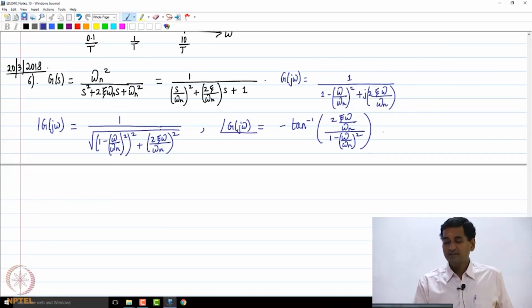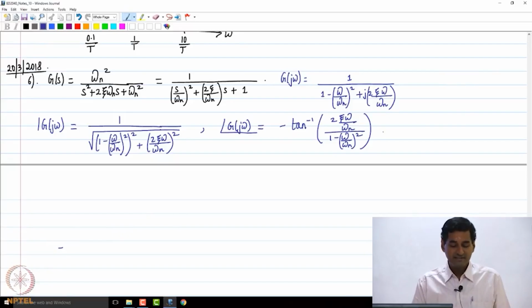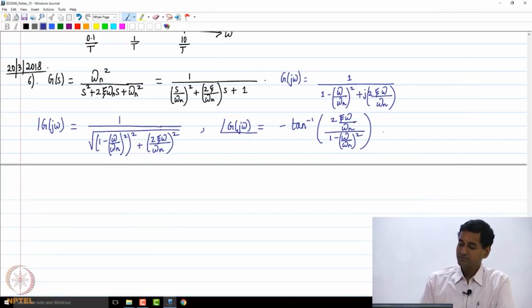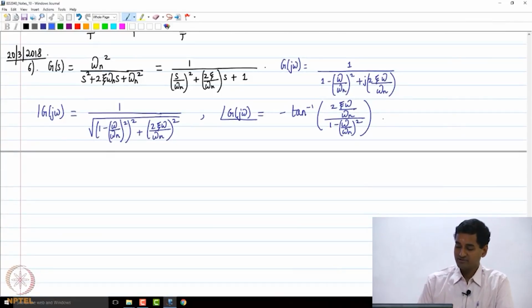Now let us look at the magnitude. We will once again follow the same process as we did in the previous class with the first order factor. Let us look at the magnitude of this factor and try to figure out what the asymptotes are.